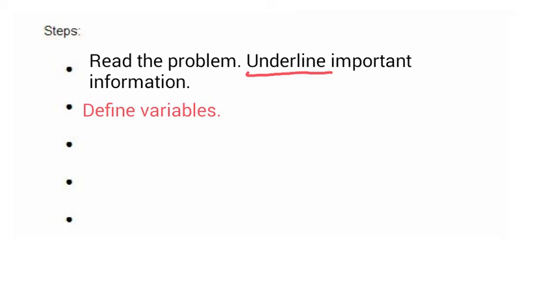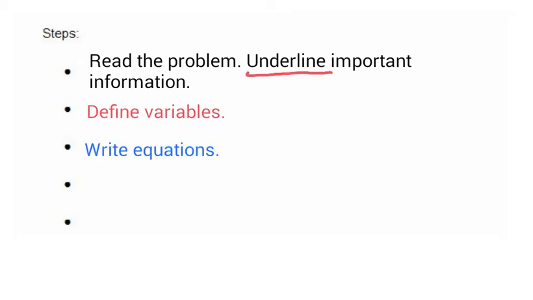And in one case, X could be the speed of a boat in still water. And in another case, X could be the number of quarters that you have in a pile of coins. Okay? So make sure you define your variables so you understand what they mean. Next, we're going to want to write equations. Remember, we need to have as many independent equations as we do variables.